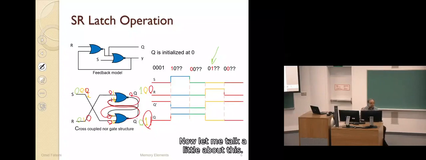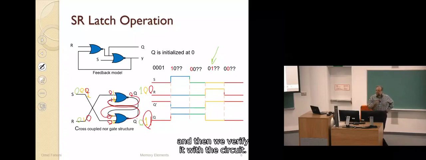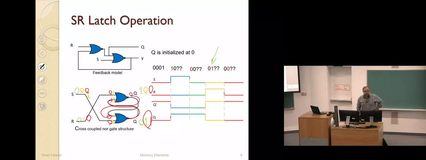Good? Now let me talk a little about this. Please look at this carefully. I will give you some statements and then we verify them with the circuit. When S is 1 and R is 0, it means set.